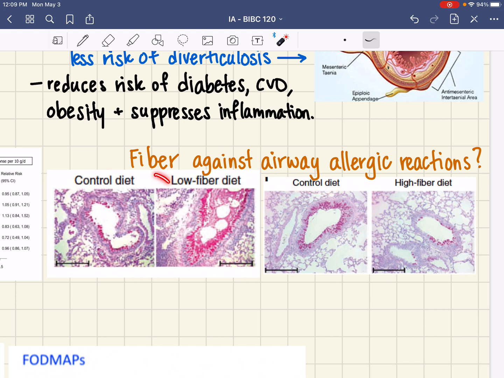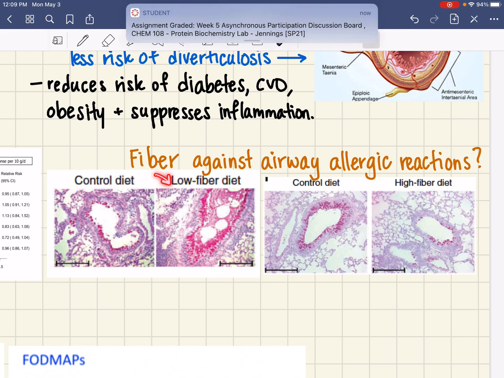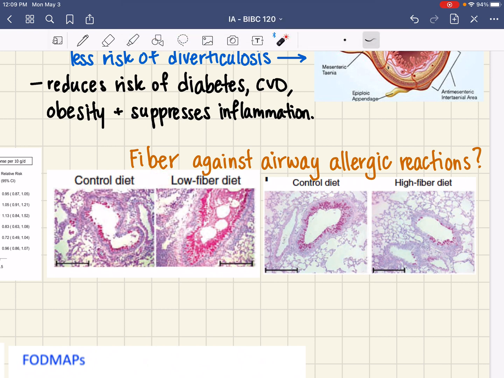And this picture is taken from a mouse airway that had been fed low fiber diets. And you can see how there is this much red coloring. The red color indicates immune cells in this area. And if there are immune cells in this area, then that means there is some kind of an inflammation or an allergic reaction happening.